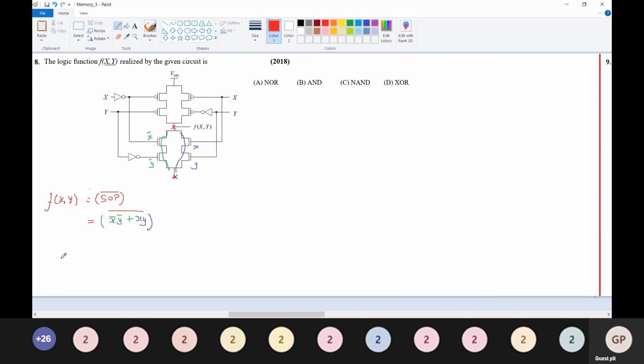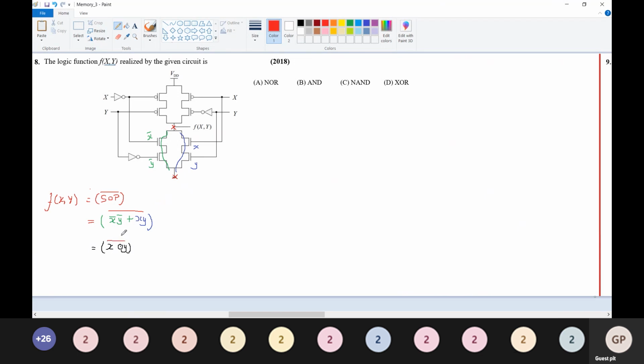Got it. So this expression can be written as x dash y dash plus xy, which is nothing but x nor y, the whole dash.